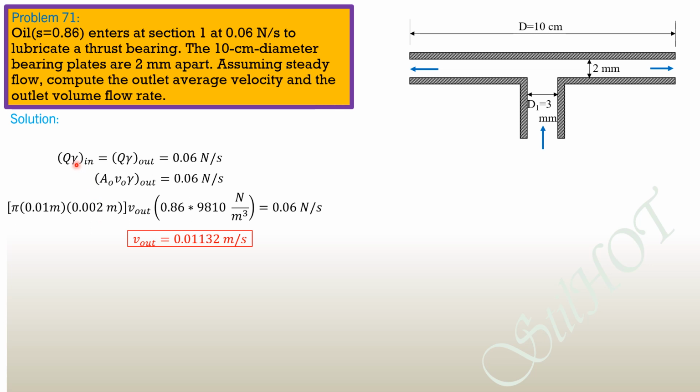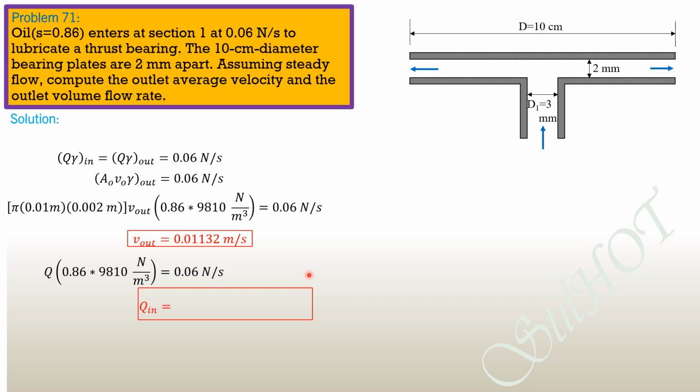And for the volume flux, we just compute Q here. So Q times 0.86 times 9810 newtons per cubic meter equals 0.06 newtons per second. Cancel newtons, so Q will have units of cubic meter per second.